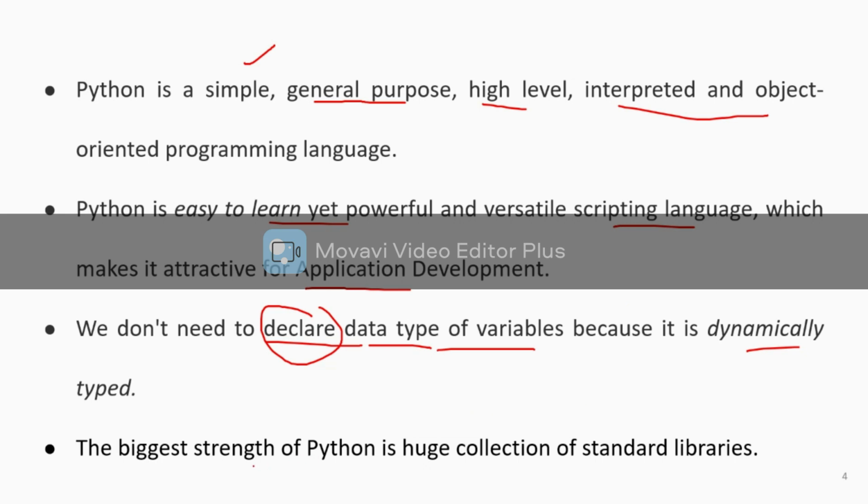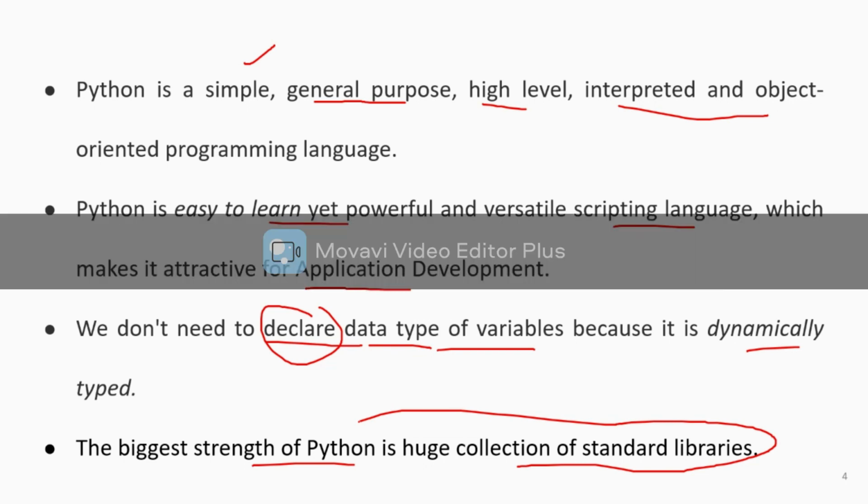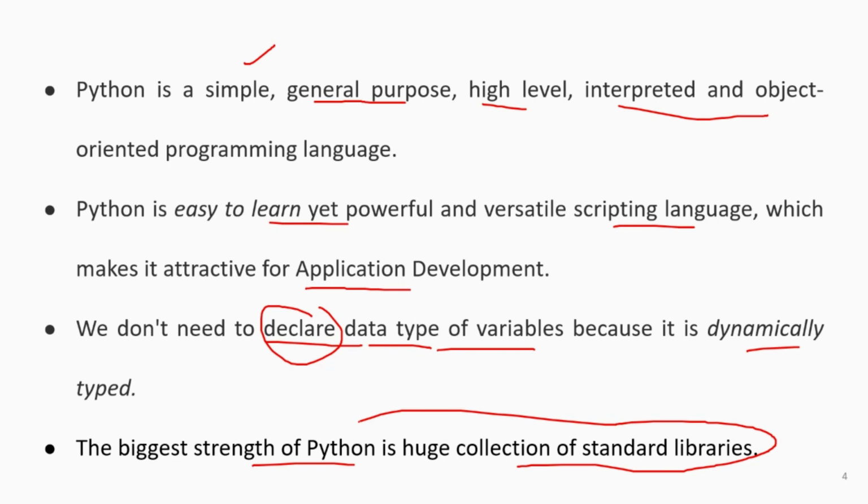Now, the biggest strength of Python is having a huge collection of standard libraries. Libraries help us perform certain tasks. For example, take the image processing task. For image processing, we have some libraries available, PIL libraries. Then we have computer vision libraries available.